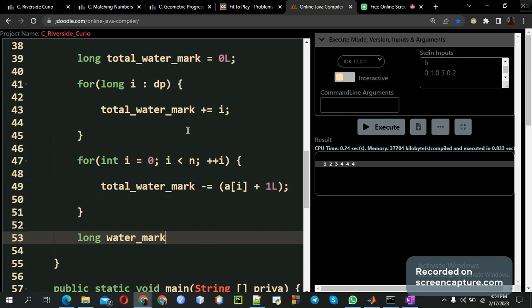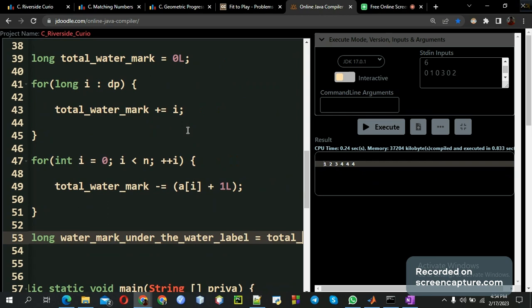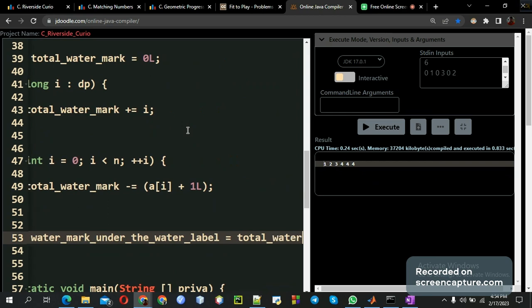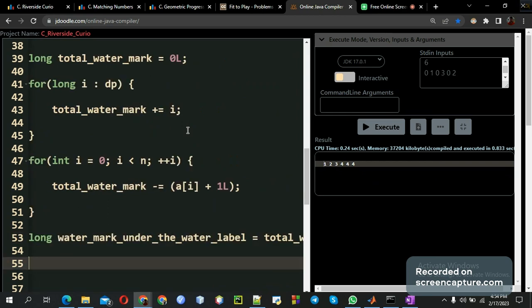So what is the watermark situated under the water level? It is this variable total watermark. So just print this variable here.